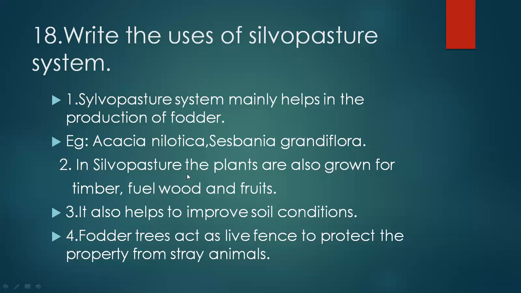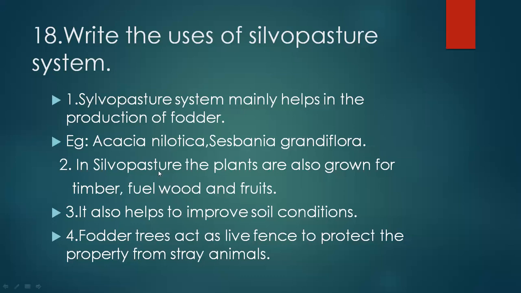In silvopasture, the plants are also grown for timber, fuel wood, and also for fruits. This method of cultivation helps to improve soil conditions also. Fodder trees in this culture act as a live fence to protect the property from stray animals.